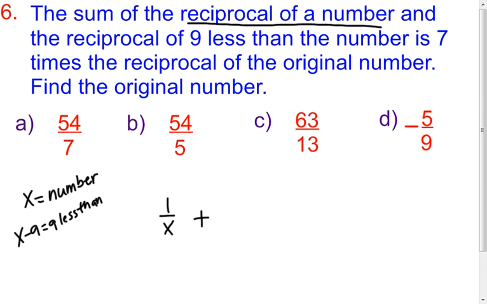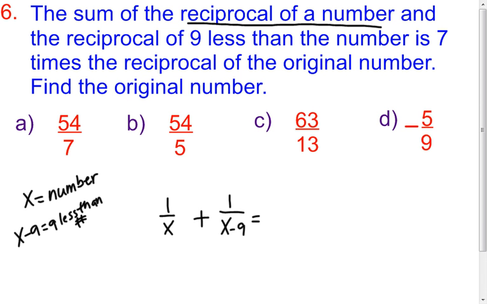Not 9 minus x, because if it's 9 less than a number, you're taking 9 away from the number. You're not taking the number away from 9, you're taking 9 away from the number. So the reciprocal of 9 less than a number would be 1 over x minus 9.